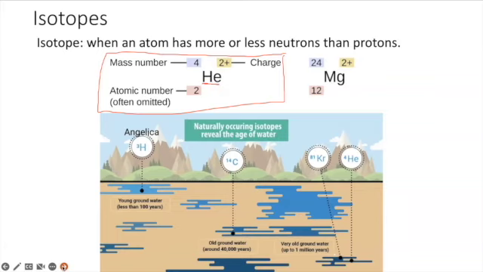Because these always correspond to each other. If it's helium, its atomic number is always 2. And just a reminder here, atomic number is the number of protons, right? If it's magnesium, it always has 12. And then we have charge here, which I was talking about earlier. So this is written a little bit differently than the periodic table, but it's a notation that we should get used to here.